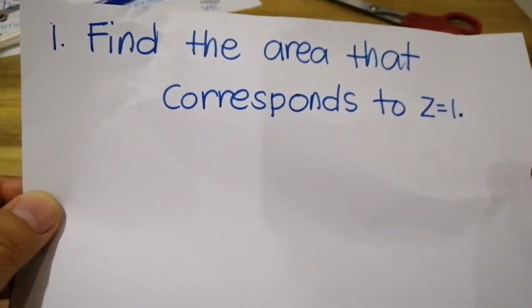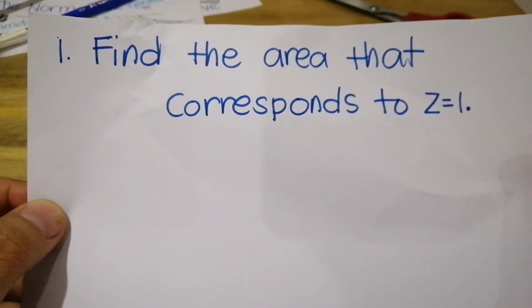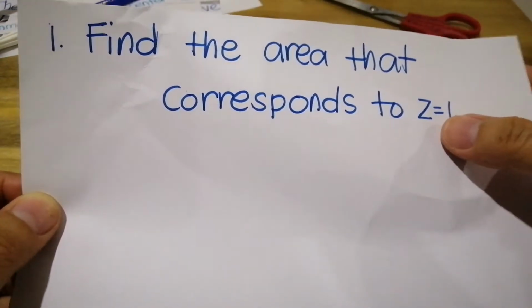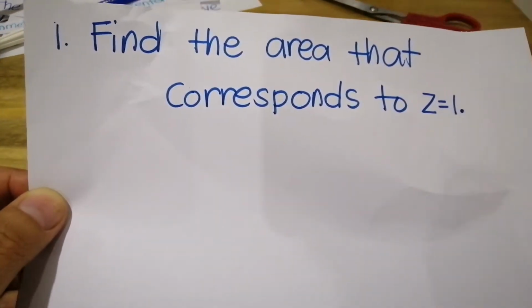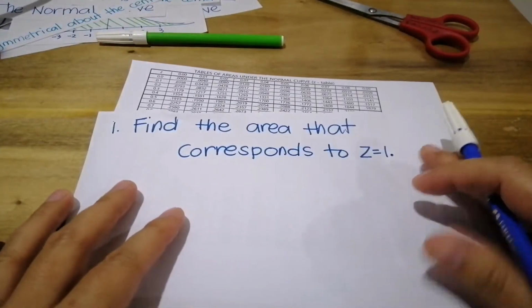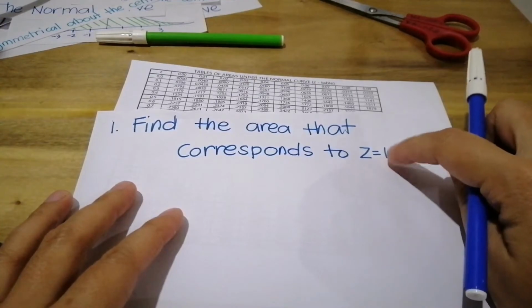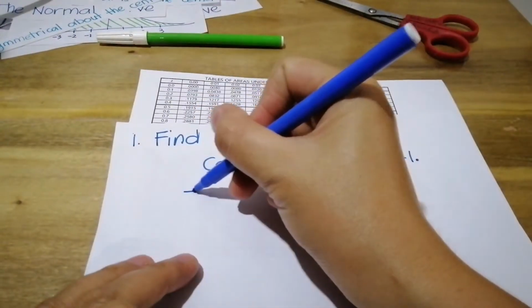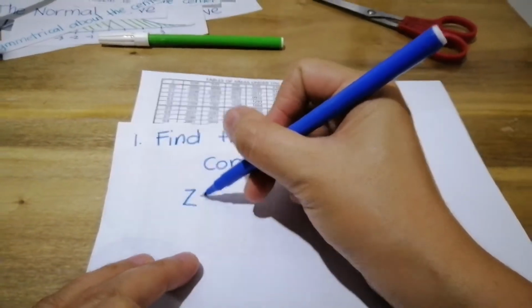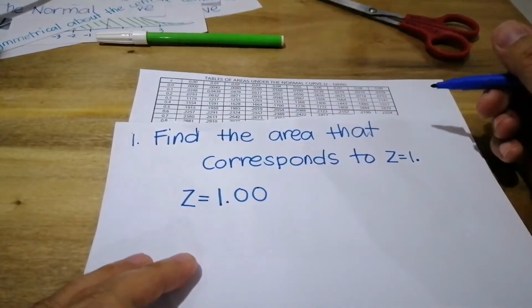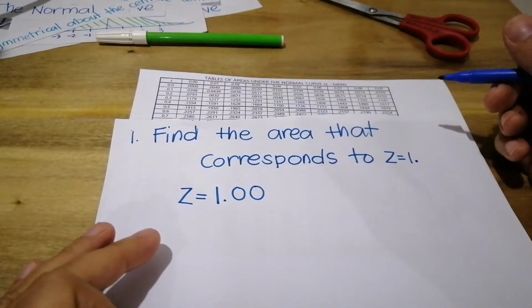z-value. For example, we are asked to find the area that corresponds to z equals 1. So this is our z-score, z equals 1. The first step is we are going to express the given z-score into a 3-digit form, or we can write z equals 1 as z equals 1.00.